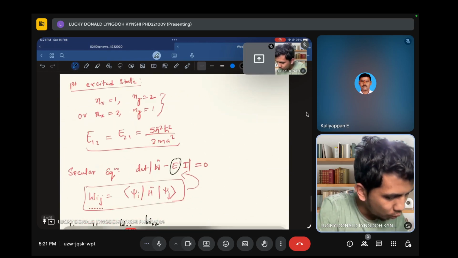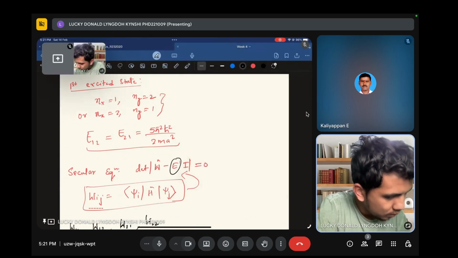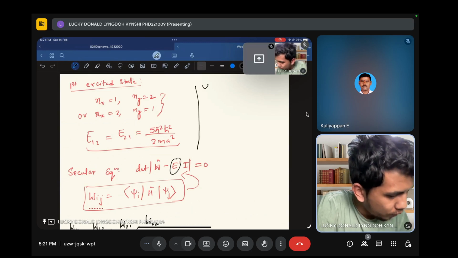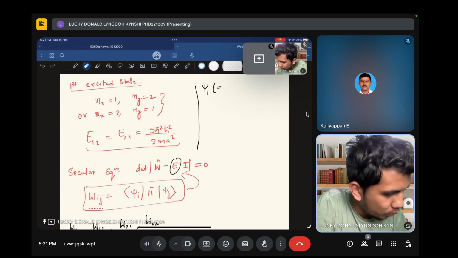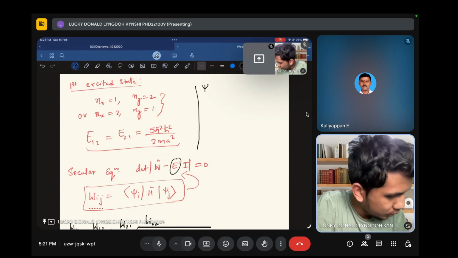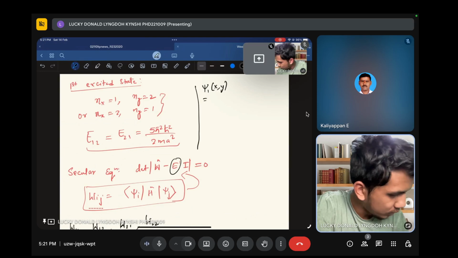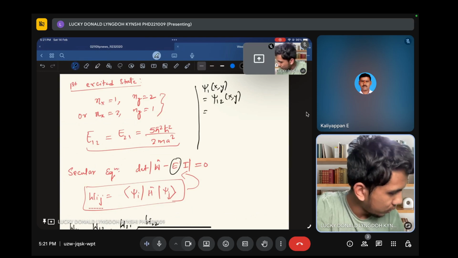I forgot to write the wave function, sorry. The first one, psi 1 of x comma y, will be equal to what?